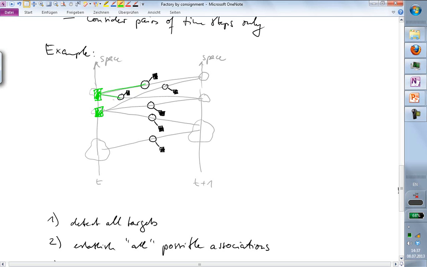And I would have another factor connecting these three here. And then I would have factors for the incoming associations. And there we go.